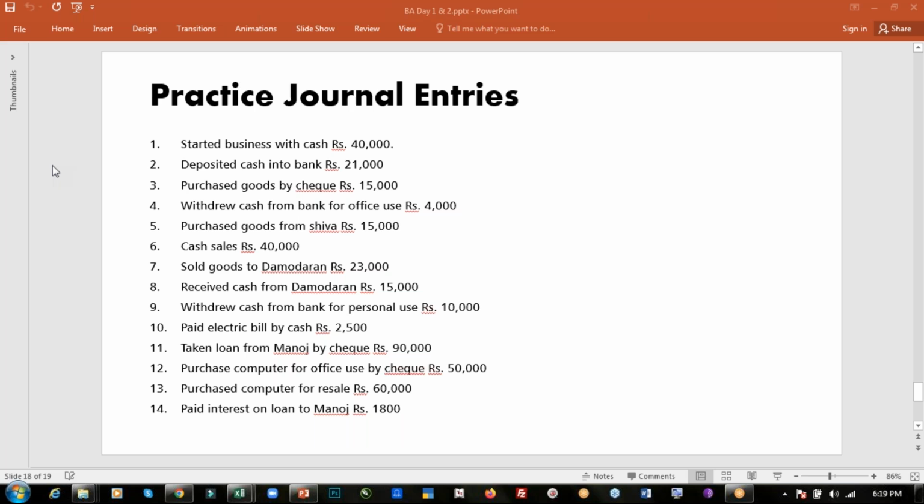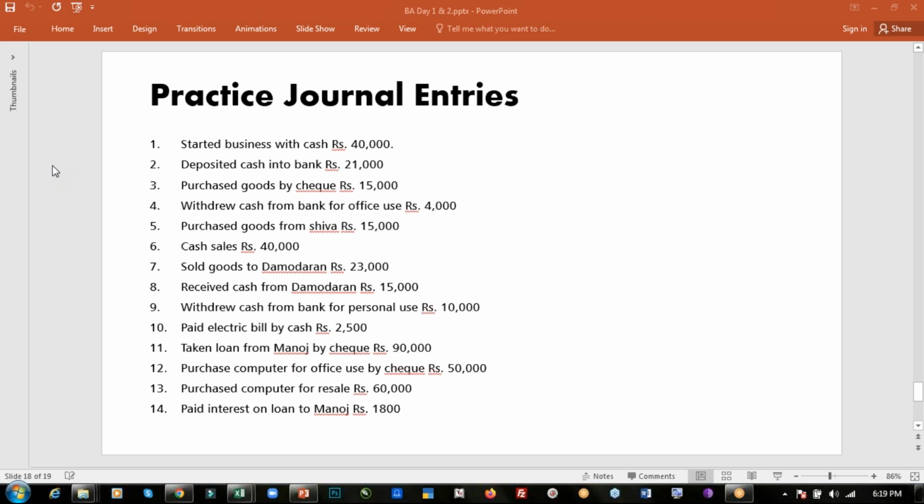All right, in this transaction, we are purchasing the goods from Shiva. Shiva means a person, a party. Because we are purchasing from Shiva and no payment method is mentioned, we will treat this transaction on a credit basis. When it is a purchase or sale on credit basis, we have to record the party.